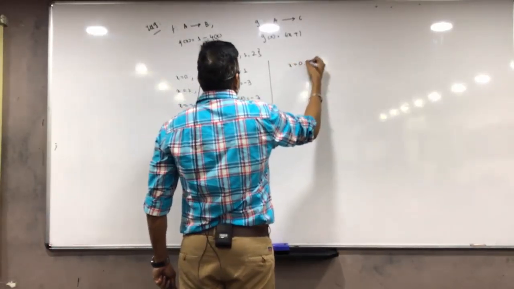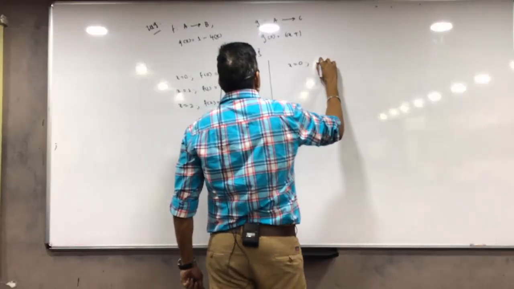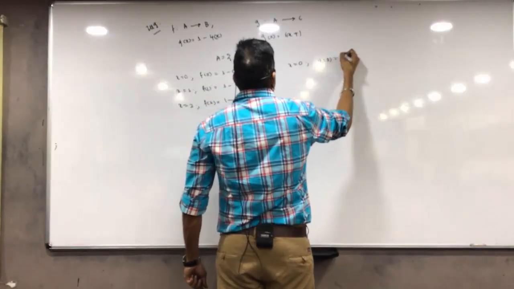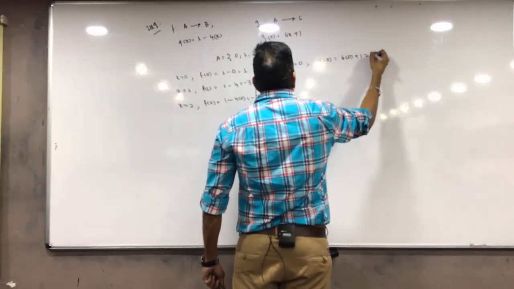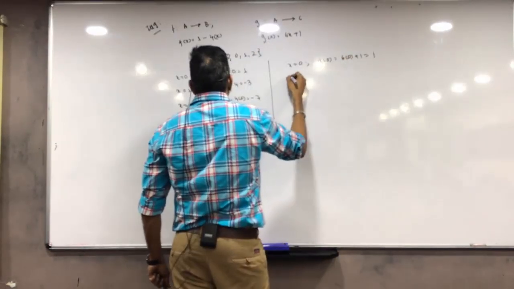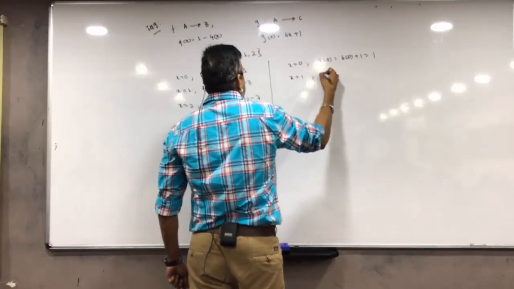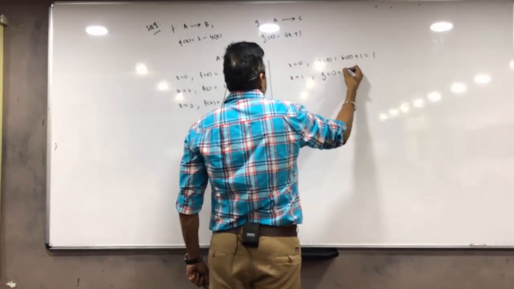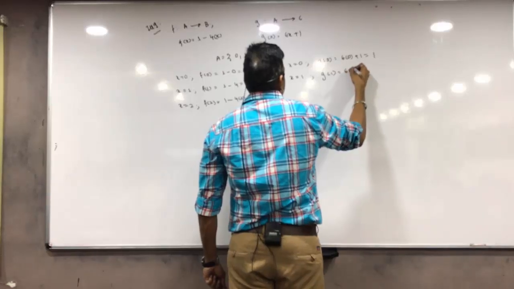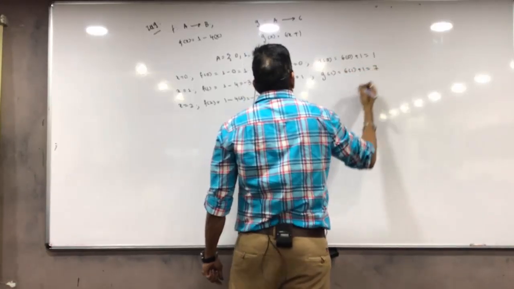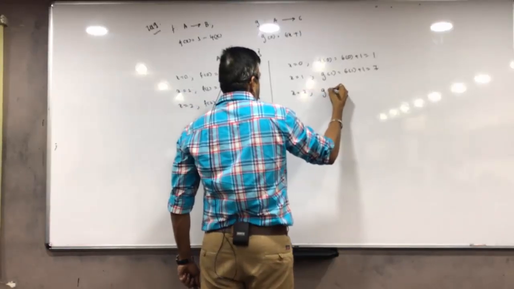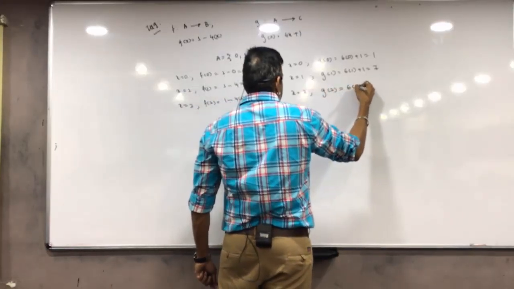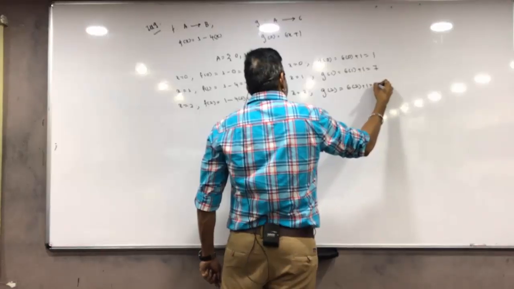Let's check out over here. x is equal to 0. g of 0 is equal to 6 times 0 plus 1, so 1. x is equal to 1. g of 1 is equal to 6 into 1 plus 1, which is equal to 7, and x is equal to 2. g of 2 is equal to 6 times 2 plus 1, 13.